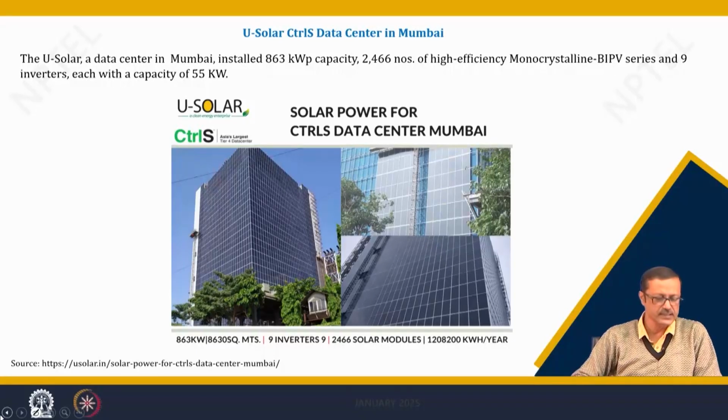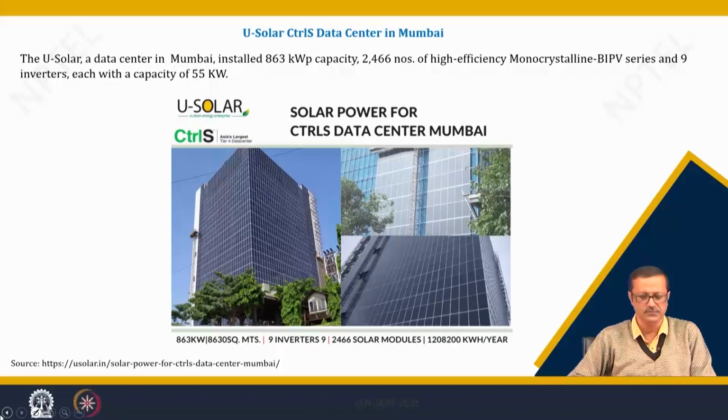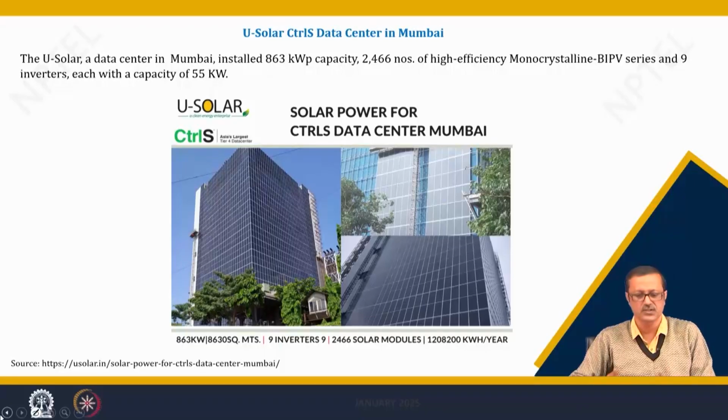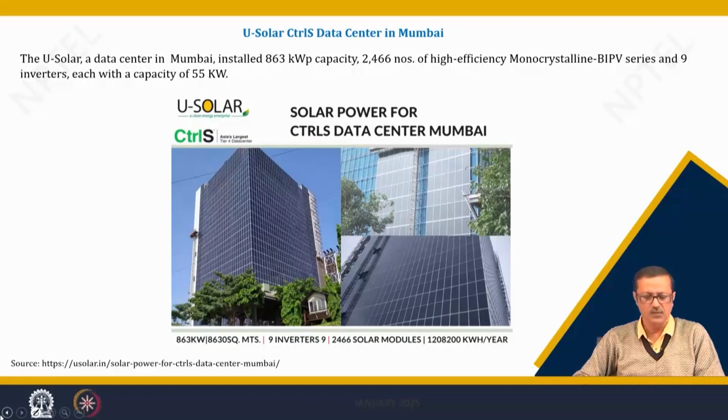I have visited their site and collected one photograph from their website itself. It has installed solar PV of 863 kilowatt peak, which is very good and very high, with 2466 panels, almost wrapping the whole facade.